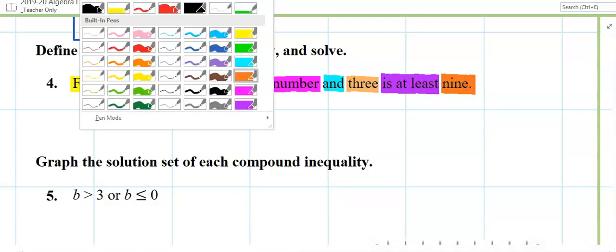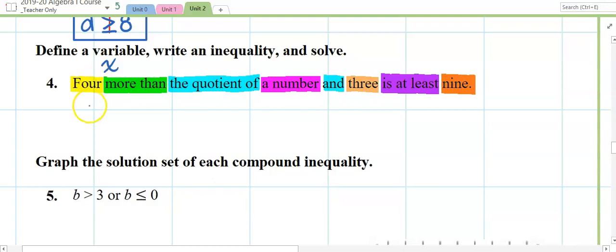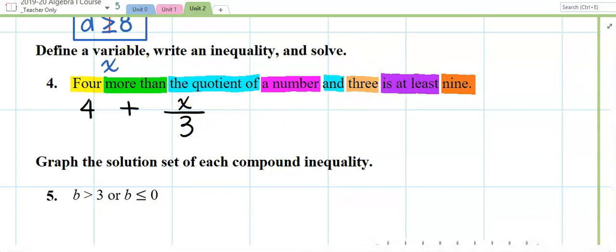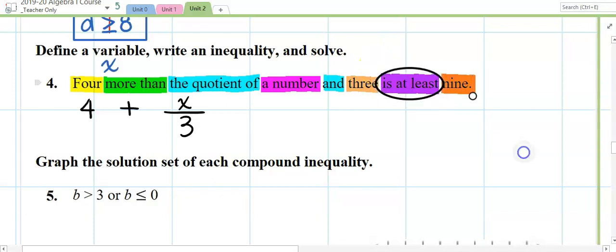Starts off pretty straightforward. 4 more than the quotient of means I'm going to be dividing a number, which we said was x, and 3 is at least. What are we going to put for is at least? Well, think about it. If I tell you I have at least $9, could I have $9?